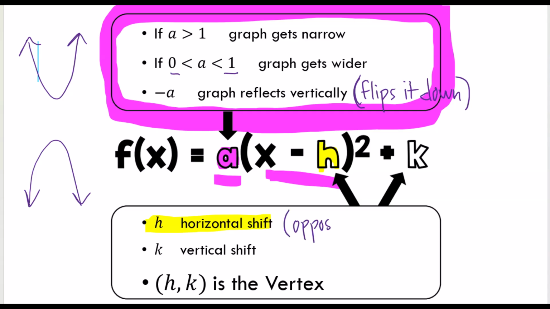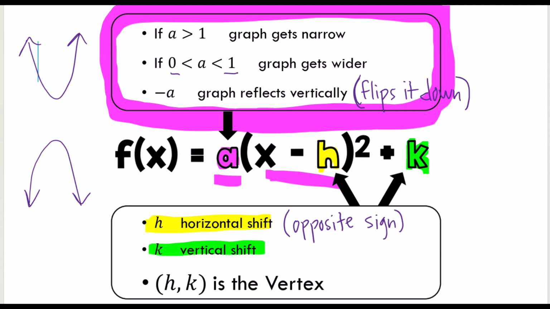That means the horizontal shift is going to be the opposite sign. I'll show you an example in just a little bit. Because the formula itself is subtracting h, this horizontal shift is going to be the opposite sign.